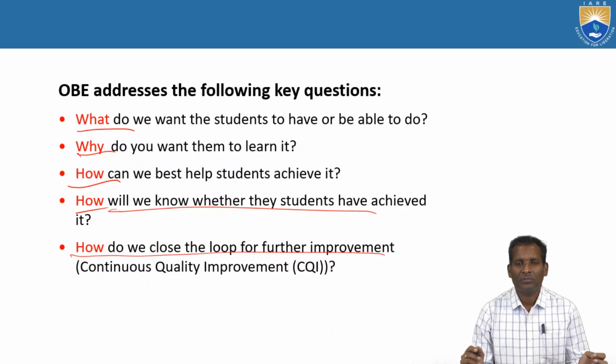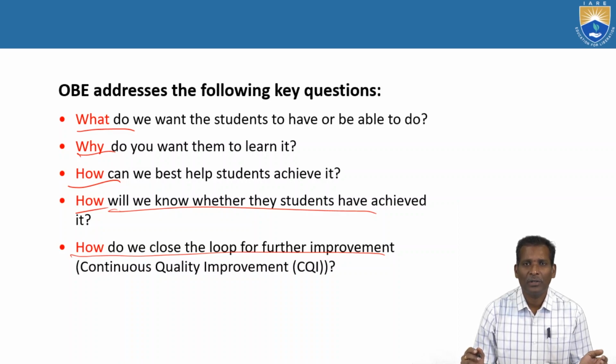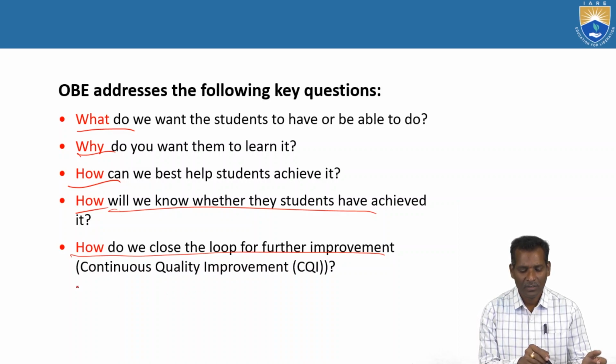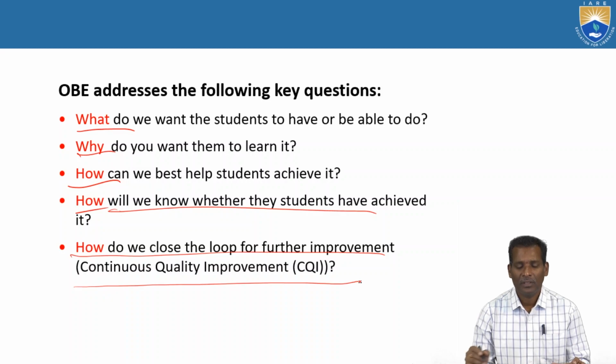Then in what way we are giving things to the students, which is the best help to achieve it. How can you assess whether the students have achieved or not? And then finally close the loop. That is continuous quality improvement, CQI.